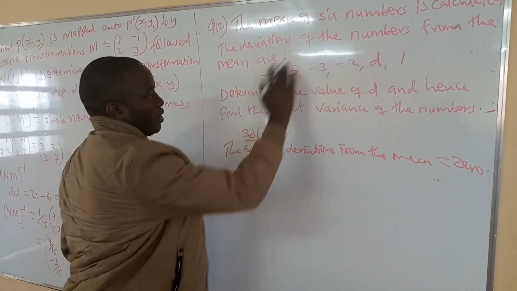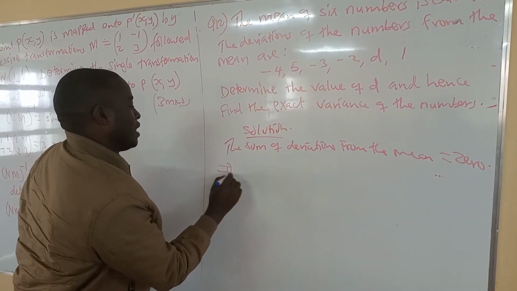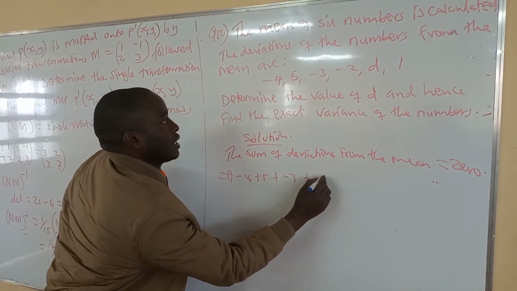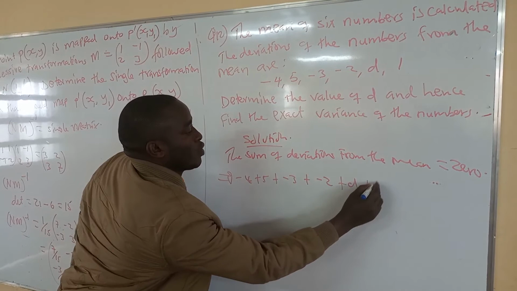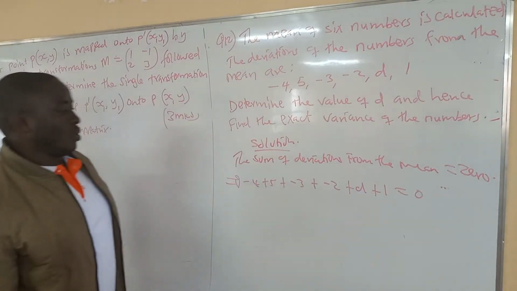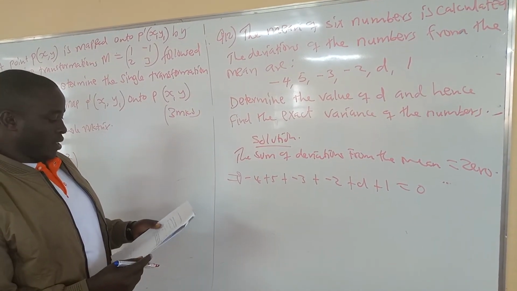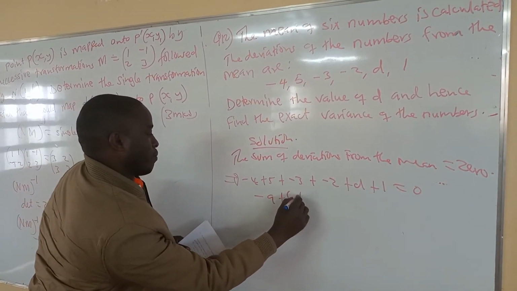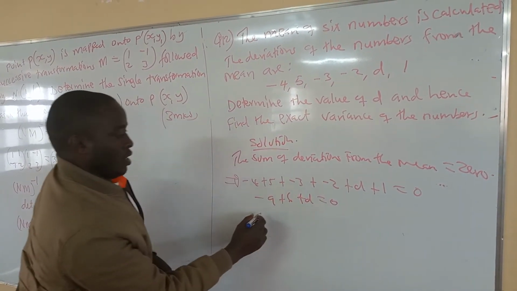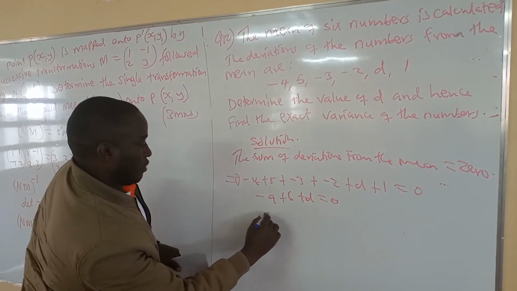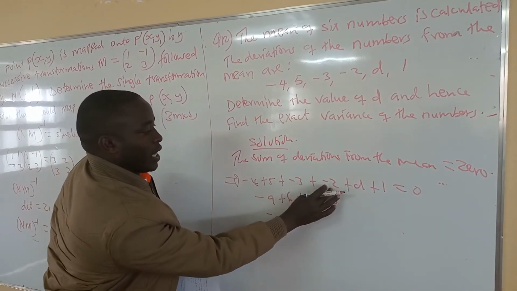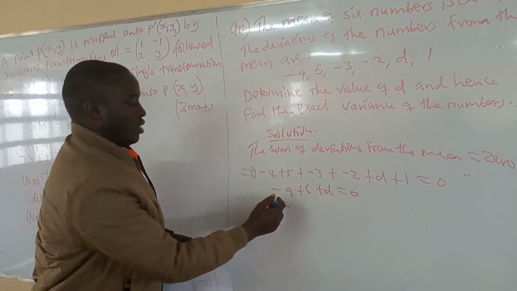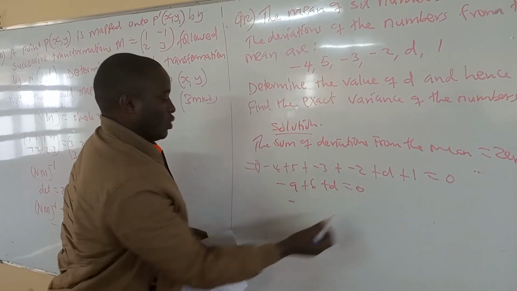And therefore we add all of it. It implies that -4 plus 5 plus -3 plus -2 plus d plus 1 equals 0. If you add them, you get -9 plus 6 plus d equals 0, because the negatives together give -9 and the positives together give 6.